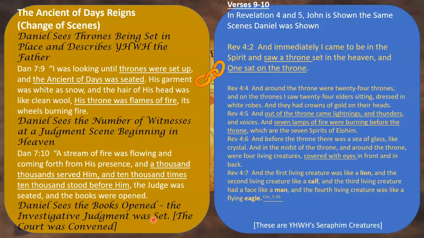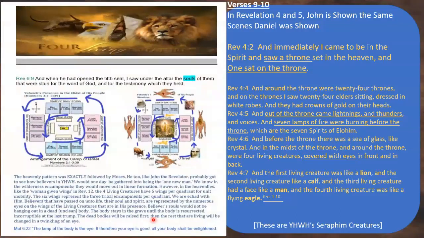These living creatures in Ezekiel are referred to as seraphim, so just keep that in mind. Now, to understand the living creatures from my studies, we have to understand the wilderness encampments, okay?